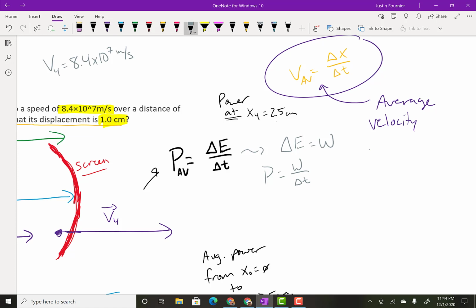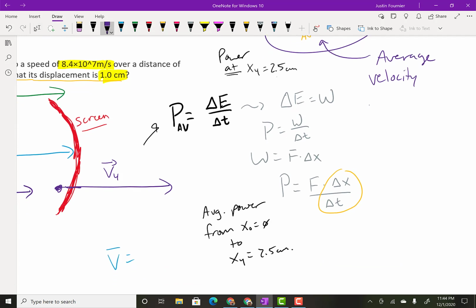Work is force times displacement, so I replace that, and then I get power equals force times displacement over delta t. Then in the video I said, hey, wait a minute, delta x over delta t, that's the average velocity. So this is a way you can get average power: the average force multiplied by the average speed.